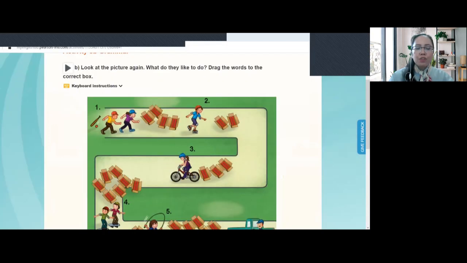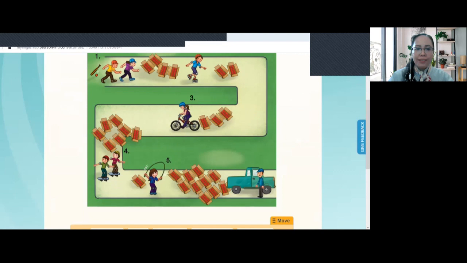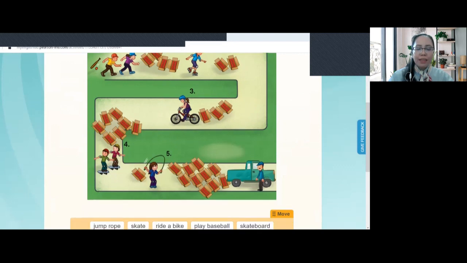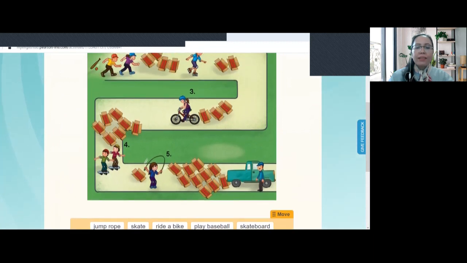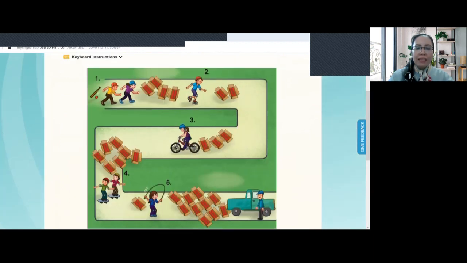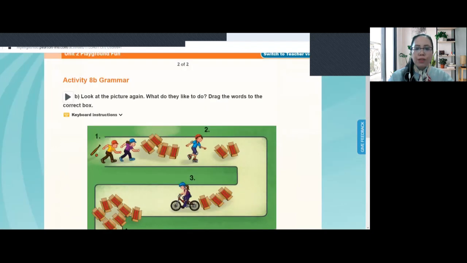And number 11 of your workbook, still on the same page, page 17. You have to look at the picture again in activity 10. Then you write the activity that these persons like to do, to answer these questions: what do they like to do?